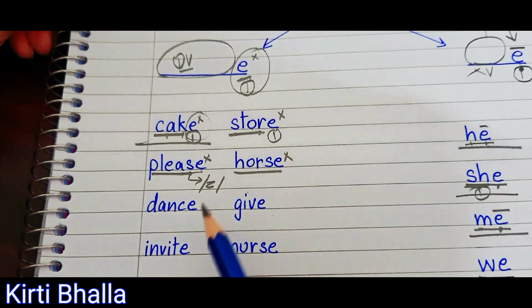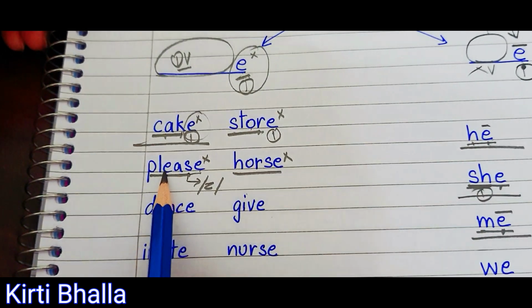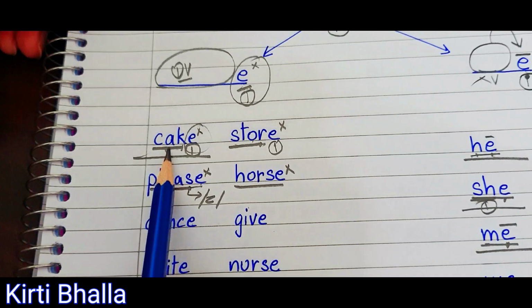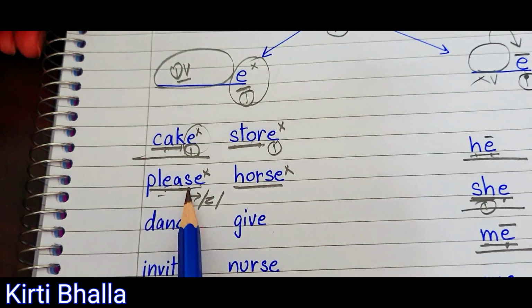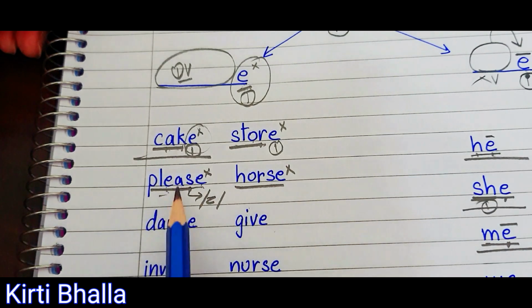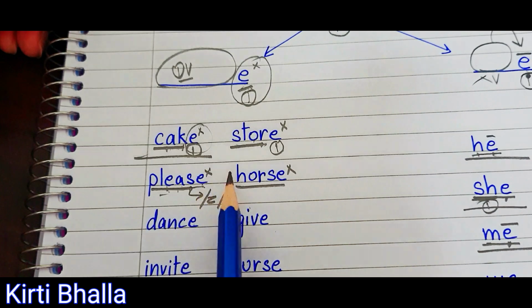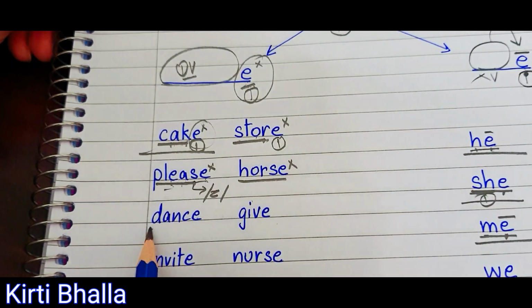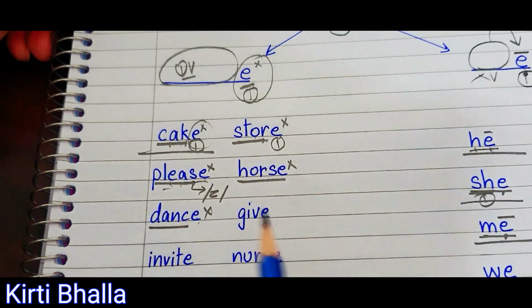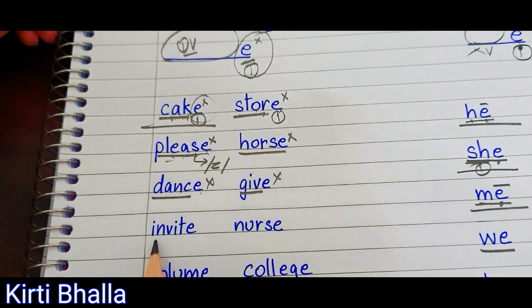The rule is the same in all the words, whether there is one more vowel in a word or more than one vowel in a word. If there is a single E at the end and there is at least one more vowel in the word, then the last E we do not read. It is silent. So this word is dance. We are not reading the last E. Give. Last E is silent.